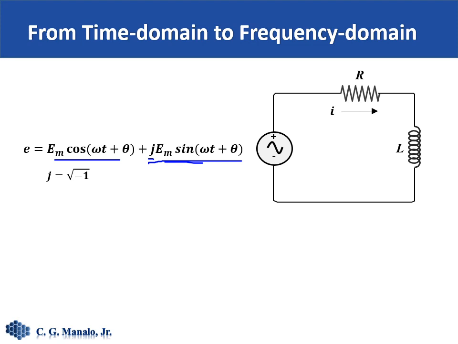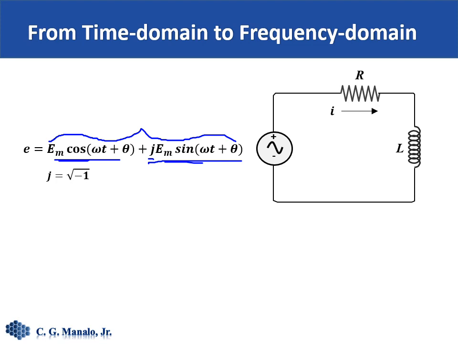The reason why I selected an imaginary source will become evident later in this discussion. So overall, what I am trying to apply on the circuit is really a complex voltage, because it consists of a real source and an imaginary source. Combining them together makes a complex source.